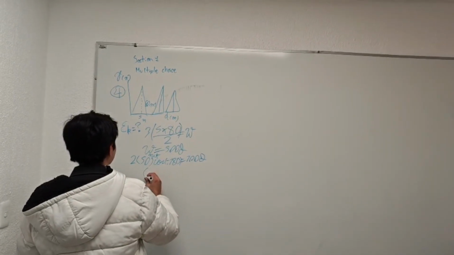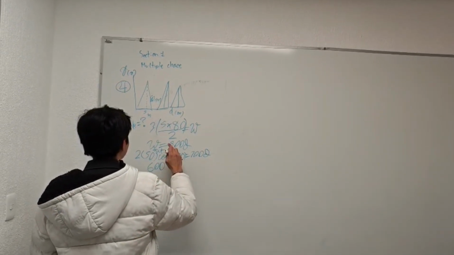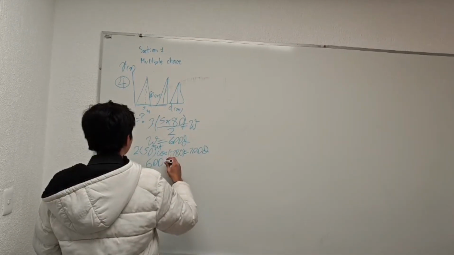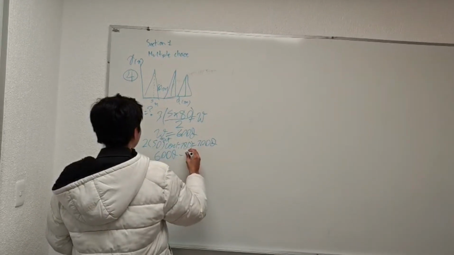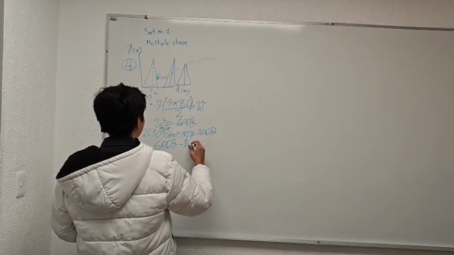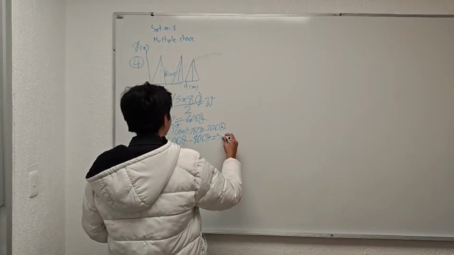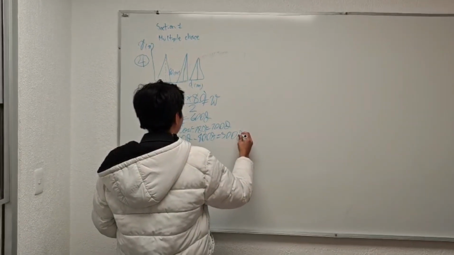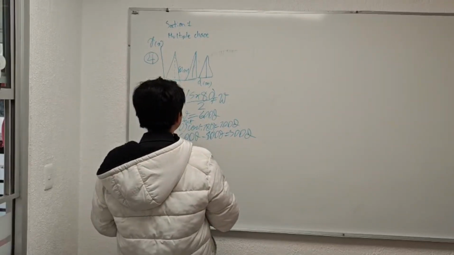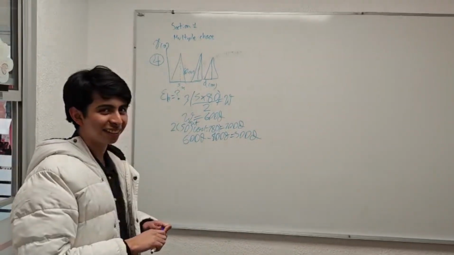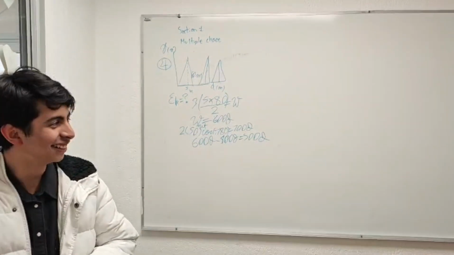So if we compare this work, we get 600 minus 100 is equal to 500 joules. This will be our net work, and we know that our net work is equal to our kinetic energy. So now we know that the kinetic energy is equal to 500 joules.